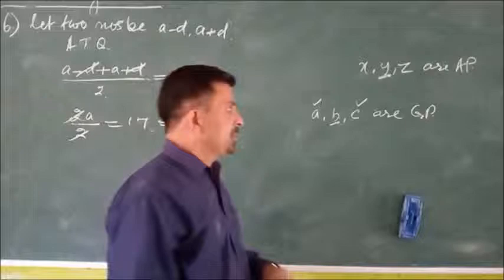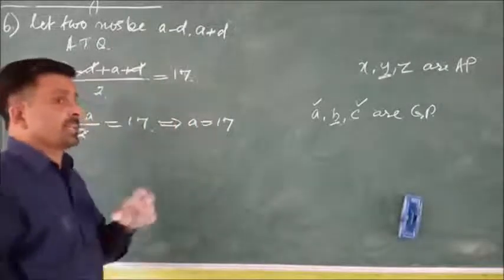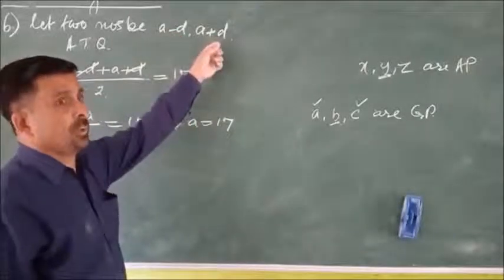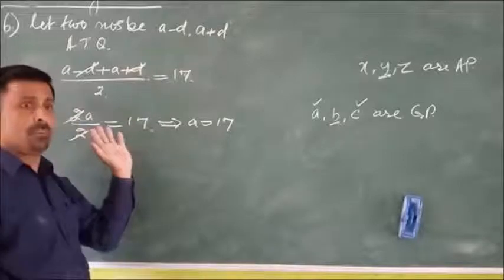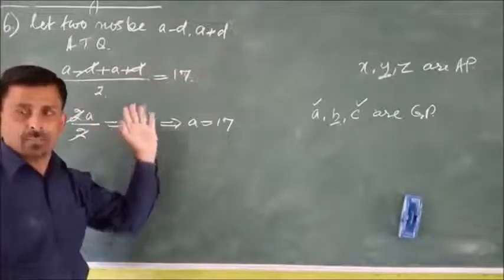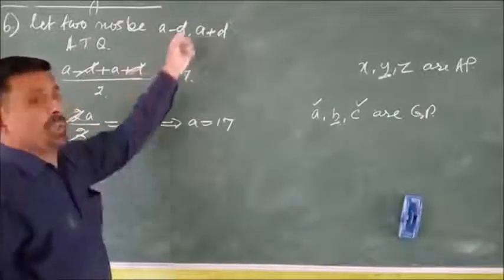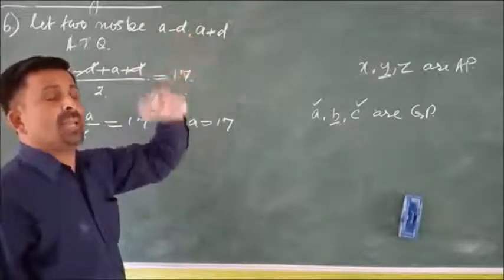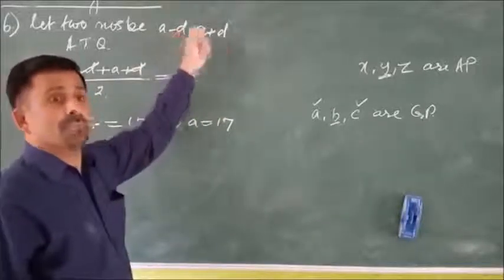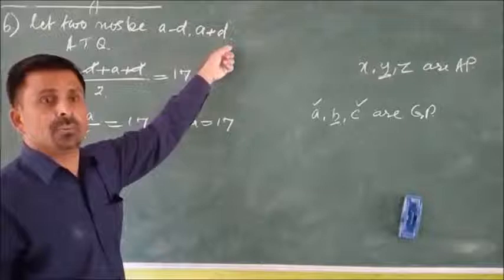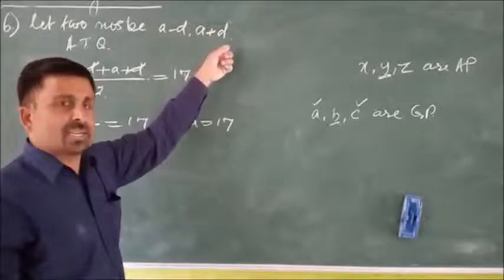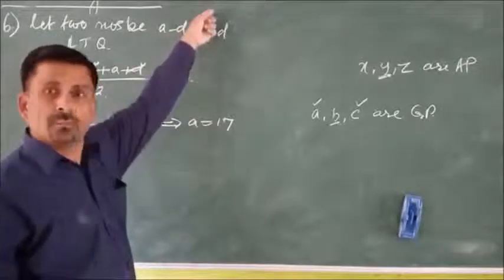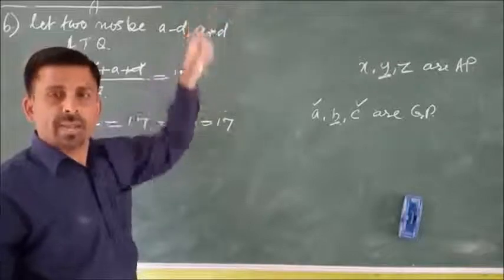The arithmetic mean is already calculated. Now we are with GP, and 8 is said to be the geometric mean of these two. It means that 8 is lying somewhere in between these two, because the geometric mean lies between the two terms.